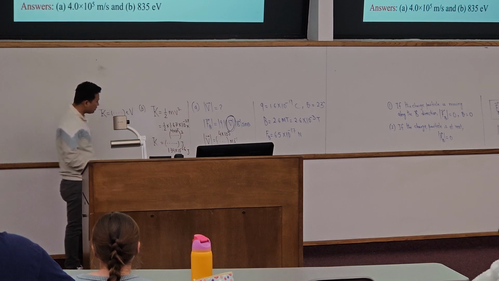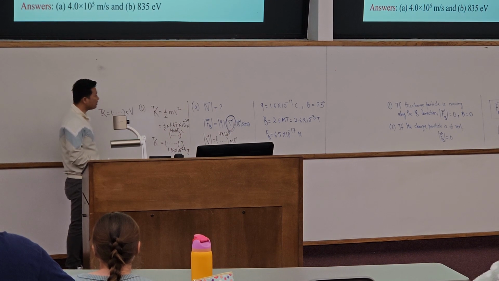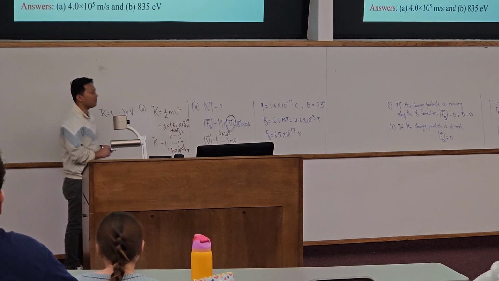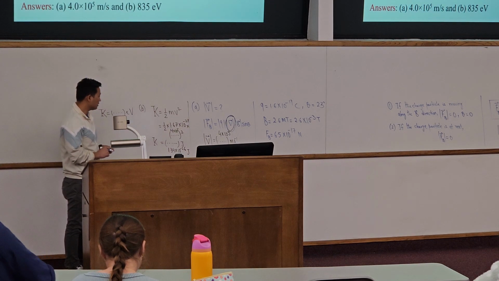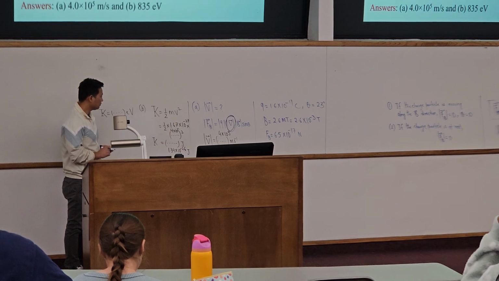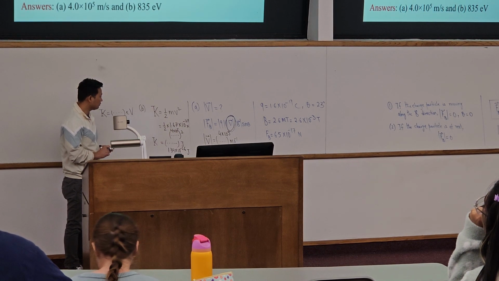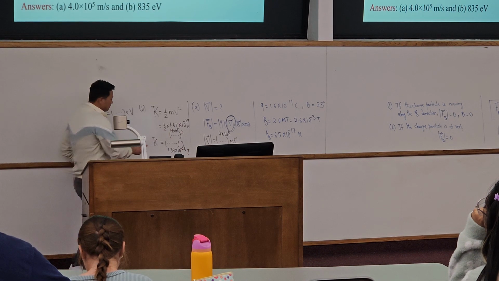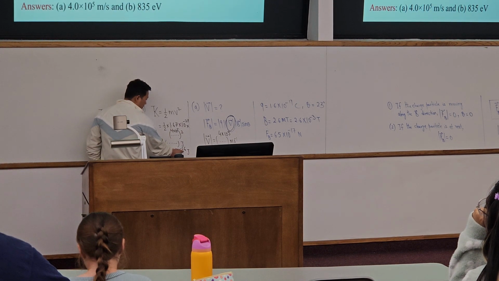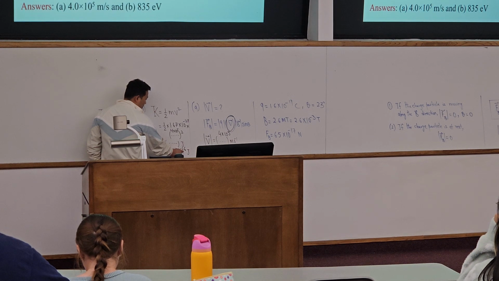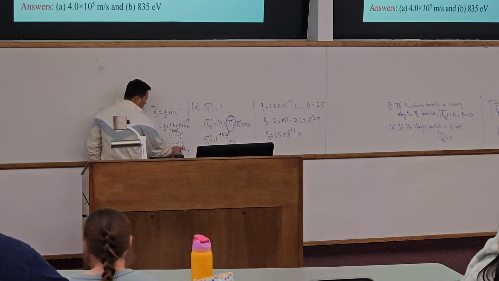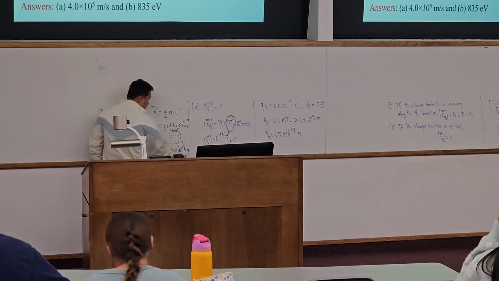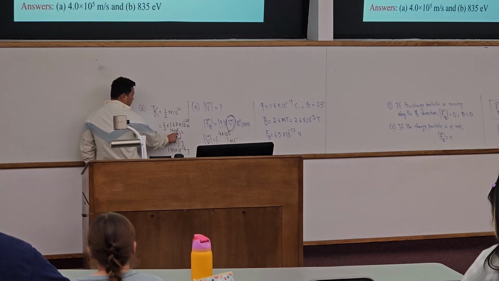1.34 times 10 power minus 46 divided by 1.6 times 10 power minus 19. Oh, you have a 26 over here? I got a negative 16 right there. I think it's 16 because you have a square over here.